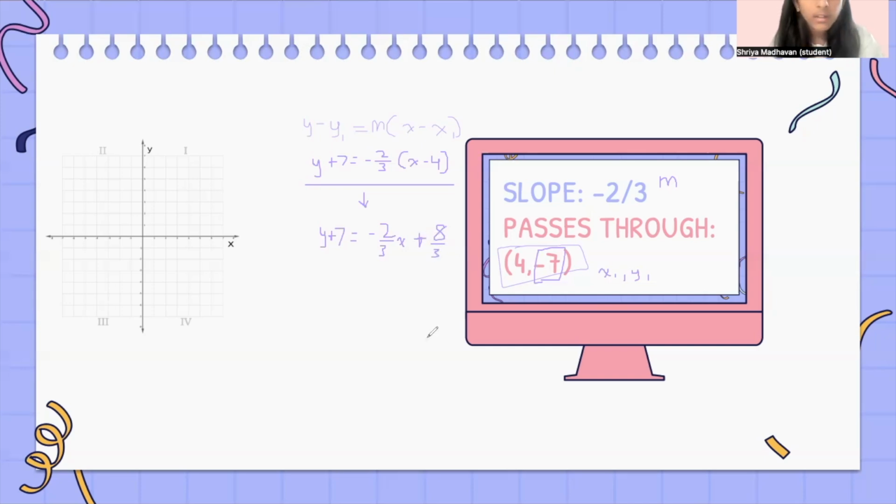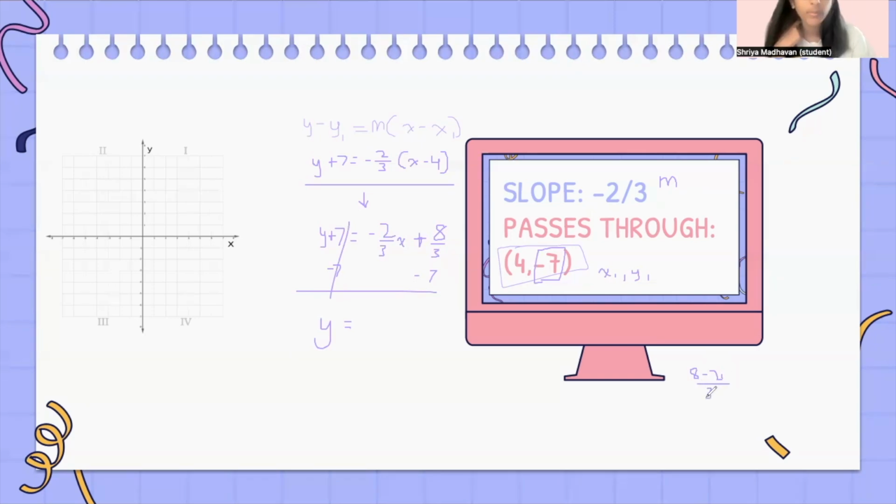All right, and now let's just subtract 7 from both sides. And 7 is equal to 21 divided by 3. So 8 minus 21/3.